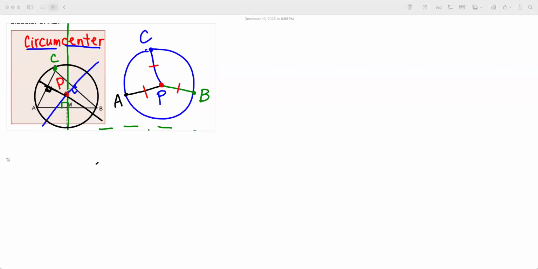The point of concurrency of the perpendicular bisectors is called circumcenter. But why is it called circumcenter? See here. When you think about this perpendicular bisector meeting point, we are able to draw a circle that touches the vertices of the triangle.